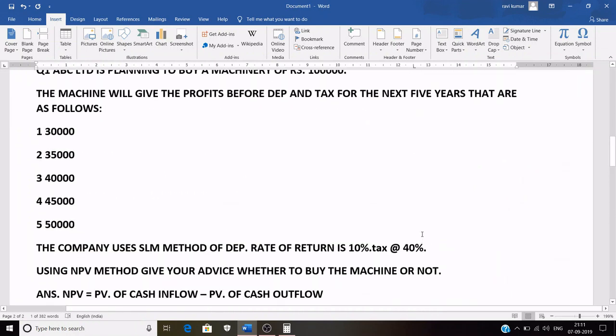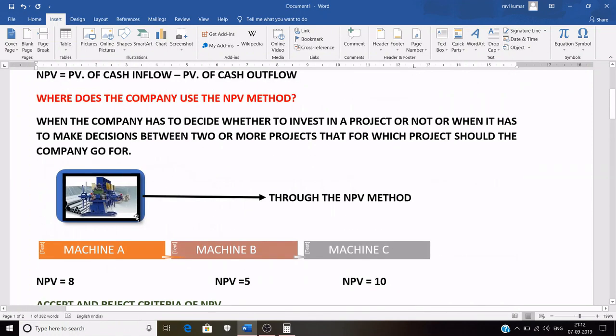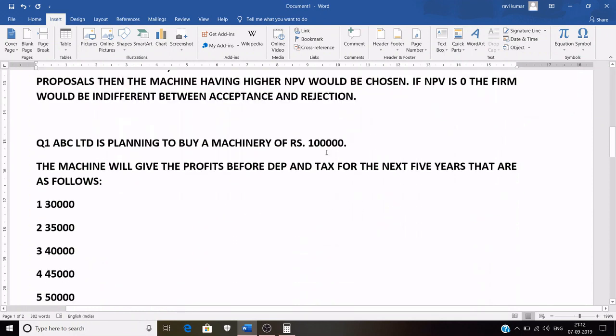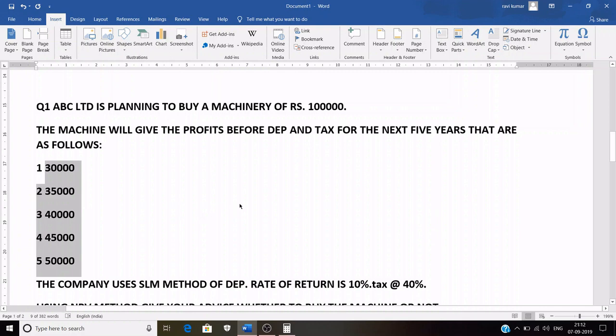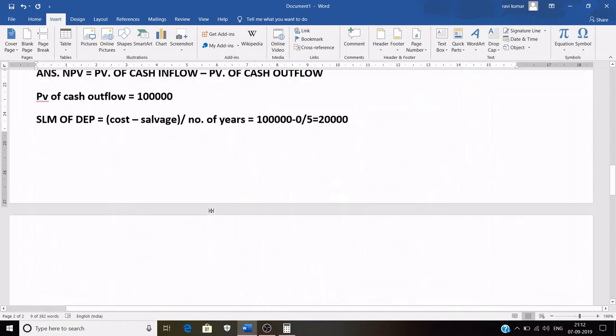Now, if the company had more than one machine option, like machine A, machine B, machine C, and for each machine we have the cost and inflows, what would you do? You will calculate NPV of each machine separately, through the same procedure as in this video.